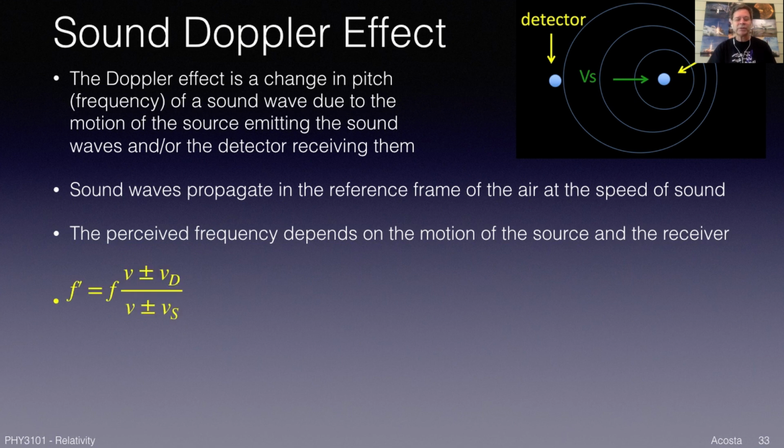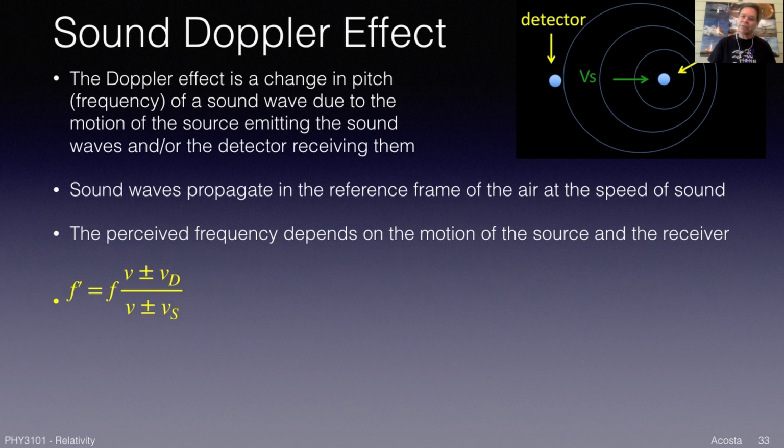Well, what we've learned from introductory physics is that the detected frequency, let's call it f prime, is the emitted frequency in the frame of the source, f, times this ratio. v is the speed of the sound in the air, and then it's plus or minus the velocity of the detector in the air, divided by v plus or minus the velocity of the source in the air.